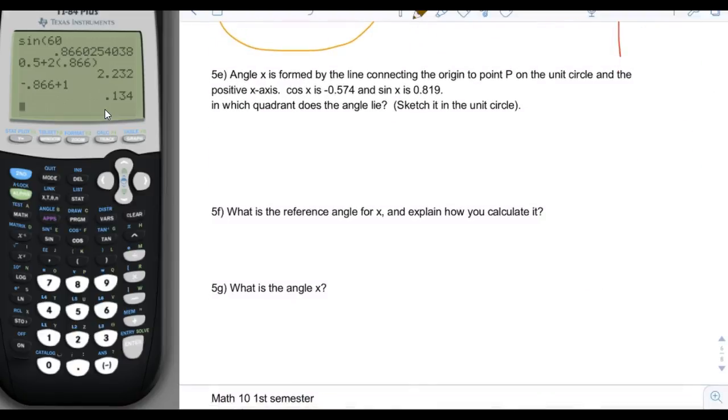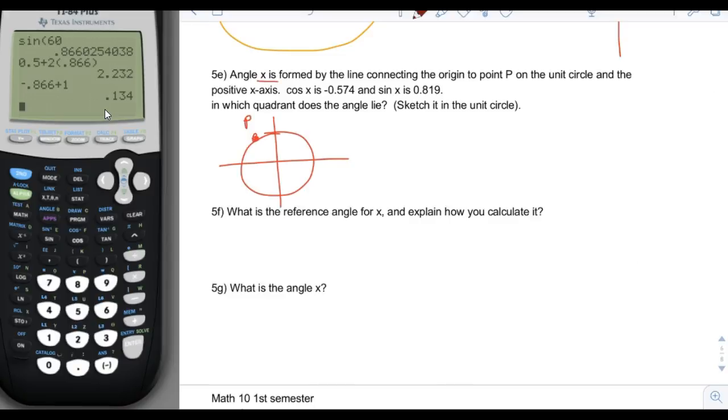Angle X is formed by the line connecting the origin to point P on the unit circle and the positive x-axis. Okay. So we're going to draw a unit circle again, and we are going to put point P on it. And where are we going to put point P? Well, I'm going to put it here, and you're going to find out why in a second. Okay.